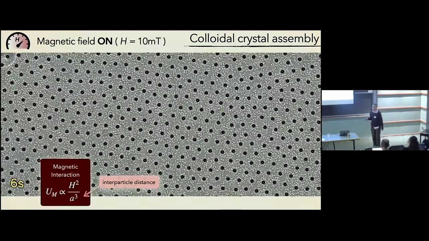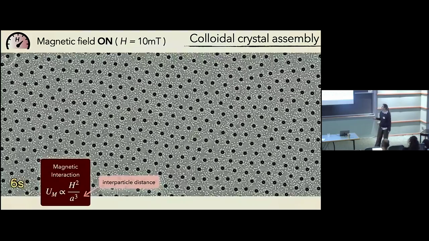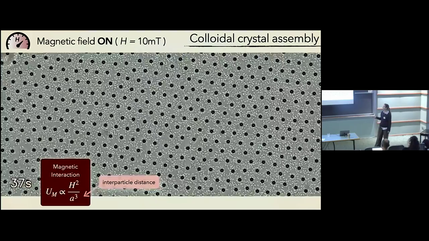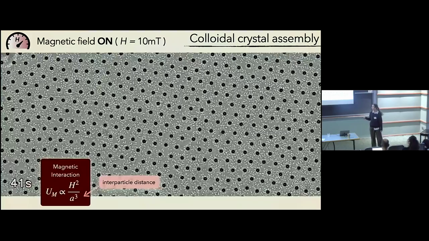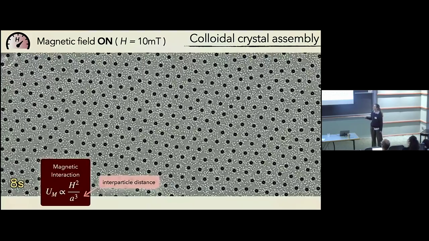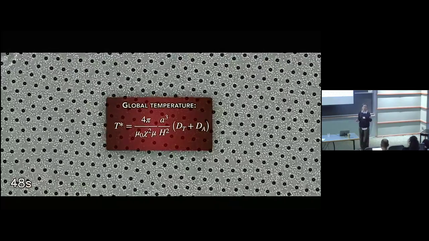And as I said, the magnetic interaction in these colloids is well known. Besides the prefactor, it depends on the square of the strength of the field and on the interparticle distance to the third. With this, as a first approximation, we can think of a dimensionless global temperature that includes the magnetic contribution, the confinement contribution, and the active diffusion.